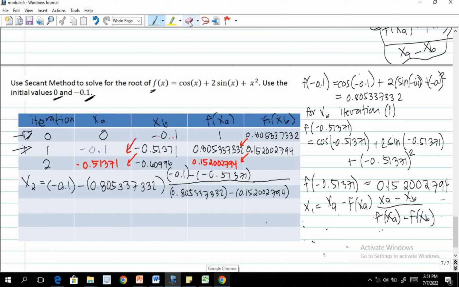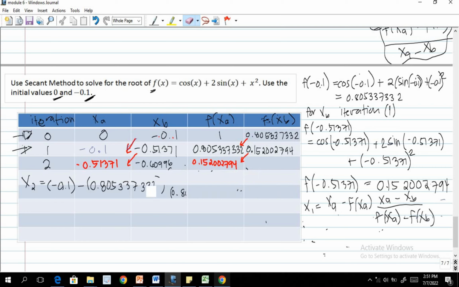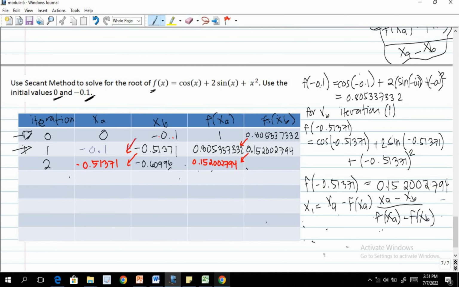Okay? Let me just erase this one. So, nakuha ko na yung xb para sa iteration 2. Now, I can now solve for the value of my function xb. Again, substitute this negative 0.60996 sa may fx na to.